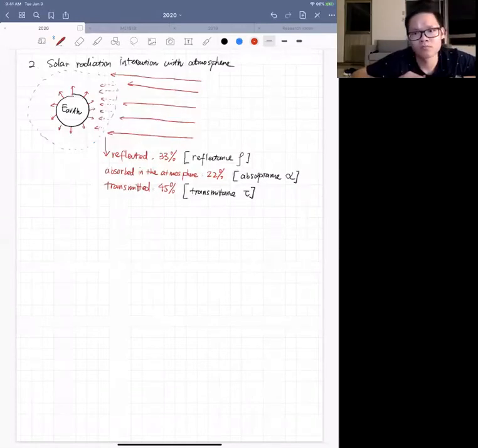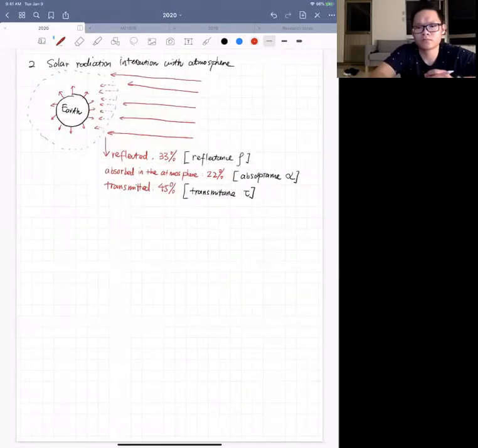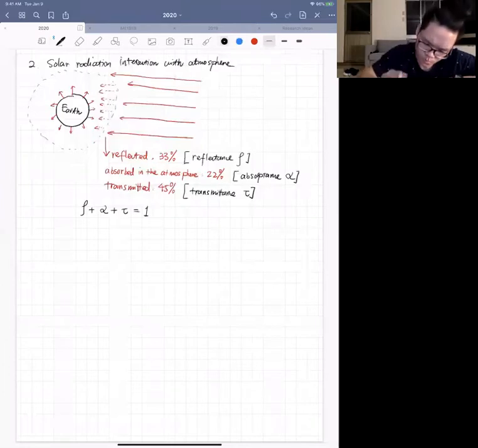If you do that calculation, you end up with the 23,000 terawatt of available solar energy we discussed last time. But the purpose of talking about these concepts is that it's a good place to introduce them. From energy conservation, of course, we have rho plus alpha plus tau must equal 1. So this is energy conservation.